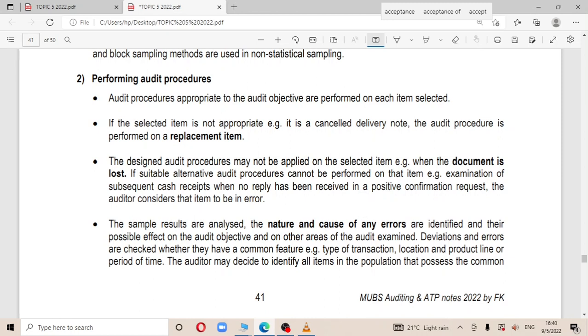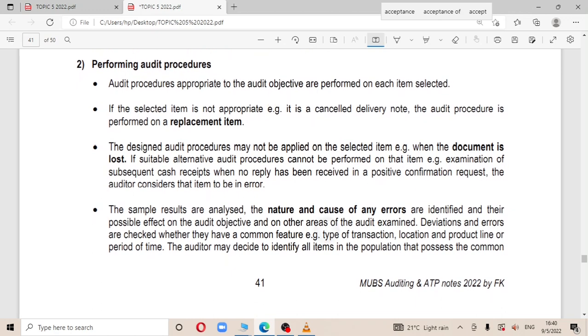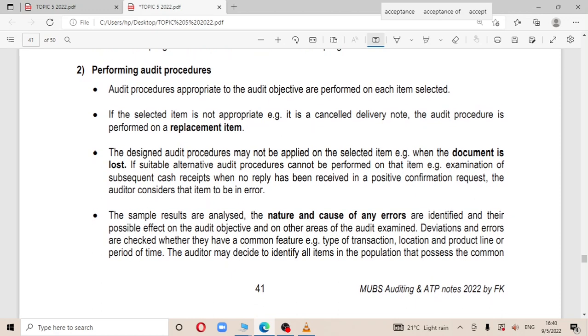Performing audit procedures. How do you perform audit procedures on a selected sample? When you select samples, you must apply audit procedures on every item you have selected. I'm going to come back to monetary sampling with an example I told you, so be patient.